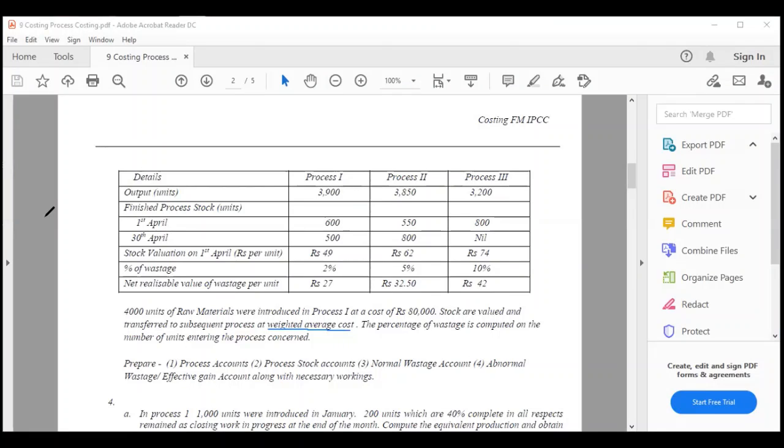Yeah. So this is exactly the same, the only difference is that it cannot go directly from one to the other. It has to go through the process account. So I'll show you the first one. The other one you have to do it.